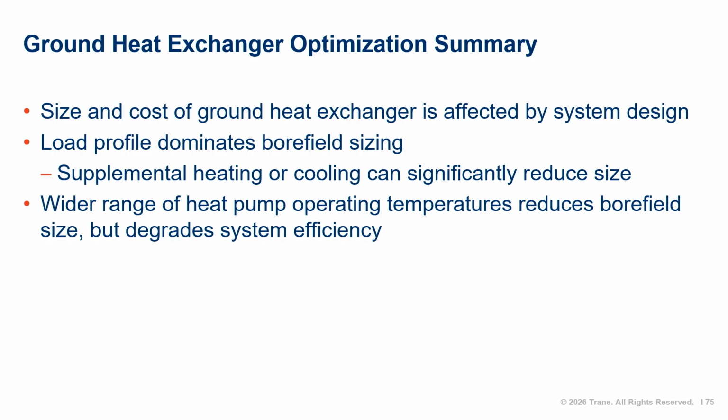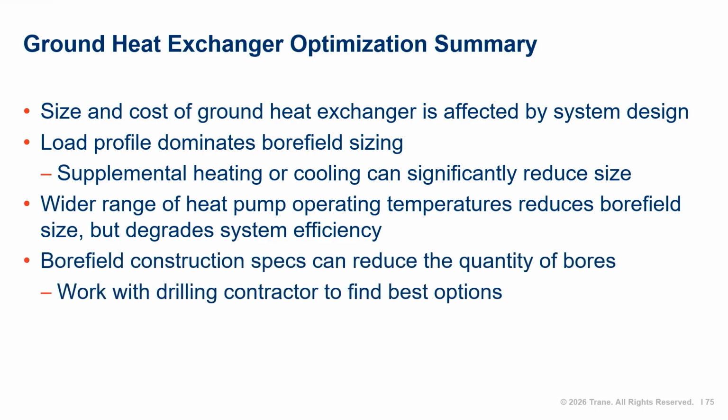Using heat pumps with wider temperature range can help bore field sizing, but at the expense of system efficiency. The bore construction specs, such as spacing, grout type, can be used to reduce the bore depth or bore count. And finally, the drilling contractor may have valuable input when finding the balance between performance, material cost, and install labor.